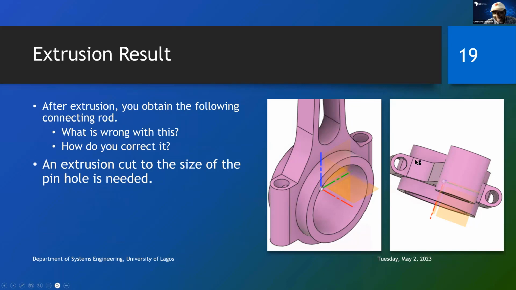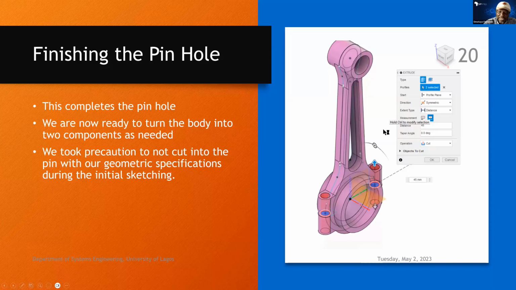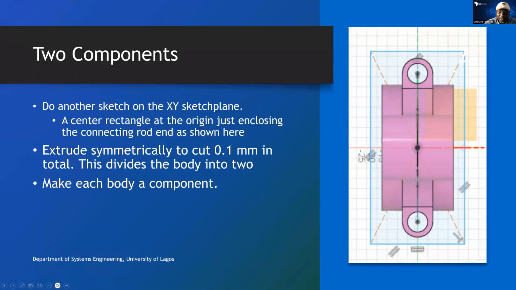And we noticed that there was still material that was blocking the pinholes that we created. And some people in class suggested that the way to solve that problem is to do a cut extrusion from here, and cut it through. And that's what we did. This is the dialogue that we used to achieve that. With this dialogue, we were able to cut through, and now we are able to see this kind of picture.